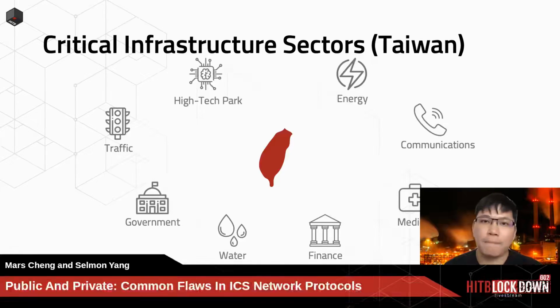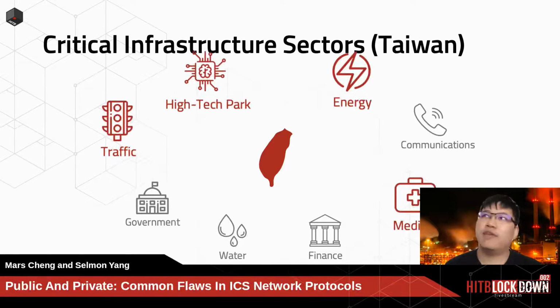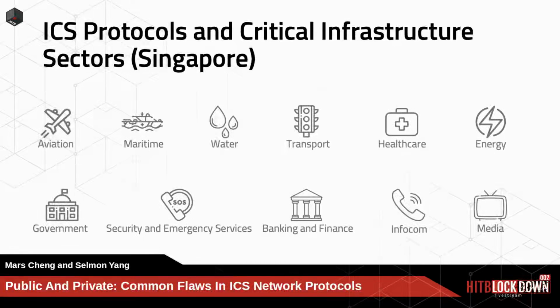In Taiwan, there are 8 critical infrastructure sectors. At least 4 of them, such as traffic, high-tech park, energy, medical, or maybe some communication, will use ICS network to control and monitor processes. In Singapore, there are 11 CI sectors.